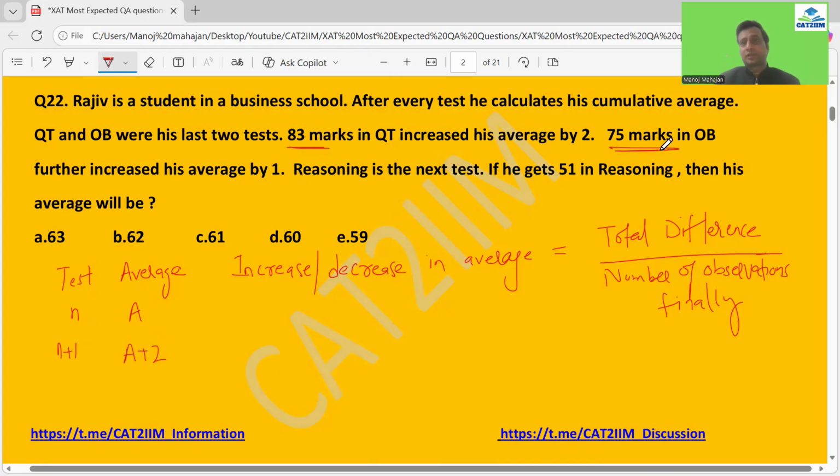And then further 75 marks increases the average by 1, so A plus 2 plus 1 gives A plus 3, and the number of tests would be n plus 2.